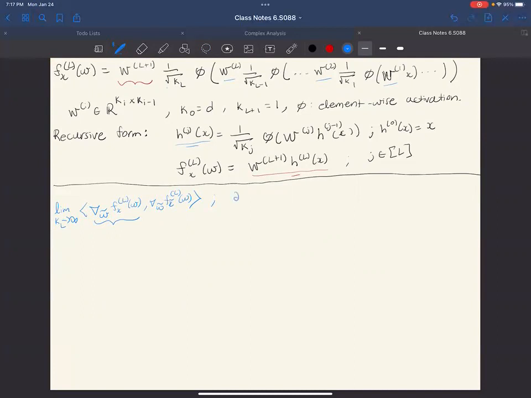So this partial derivative of here with respect to one of the parameters, and I'm just going to call it W_ab^l, little l. And here, this is just going to be one of my parameters in W^L, W^(L-1), all the way down to W^1.